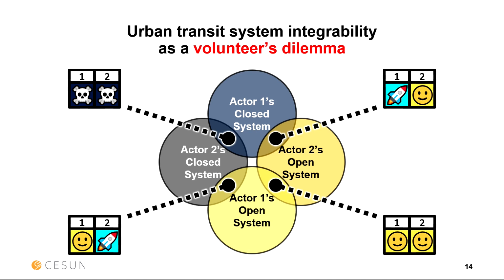Given 3 possible levels of expected value, again, positive, null, or negative, we expect to observe positive outcomes favoring only closed systems who take advantage of others who have opened their system. For a single actor, such an outcome would be more attractive than committing to mutual integrability.